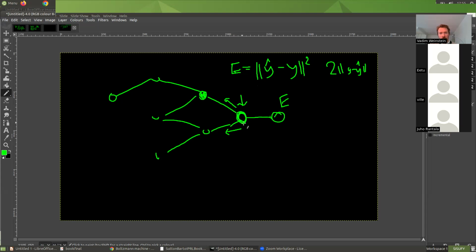Now this node is the one that actually produced this y hat. So it will multiply this by the derivative of y hat. That's the internal function here. Then it will send it back there. This node will look at, okay, what was my contribution? I multiplied by the derivative of that, and I send it further.